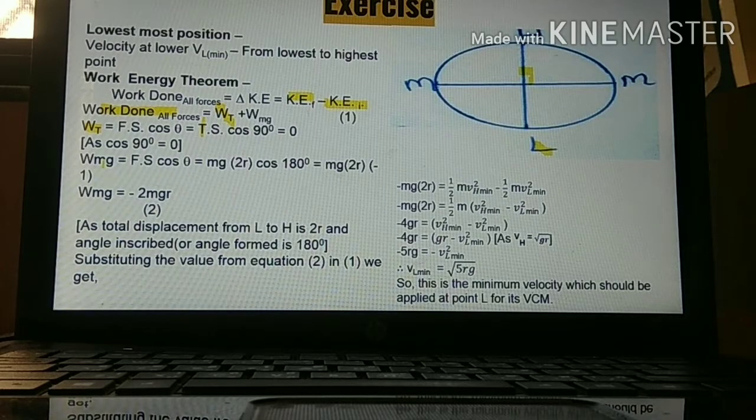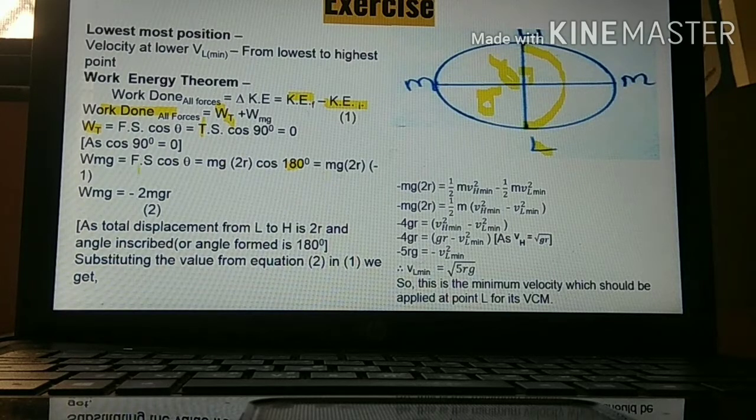The thing which will remain is the work done due to mg. See, the bob is over here. The bob is moving from here to here. So what is the angle created? The angle created is 180 degrees. If from here to here the distance is r, then from here to here the distance will be another r, meaning total is 2r.